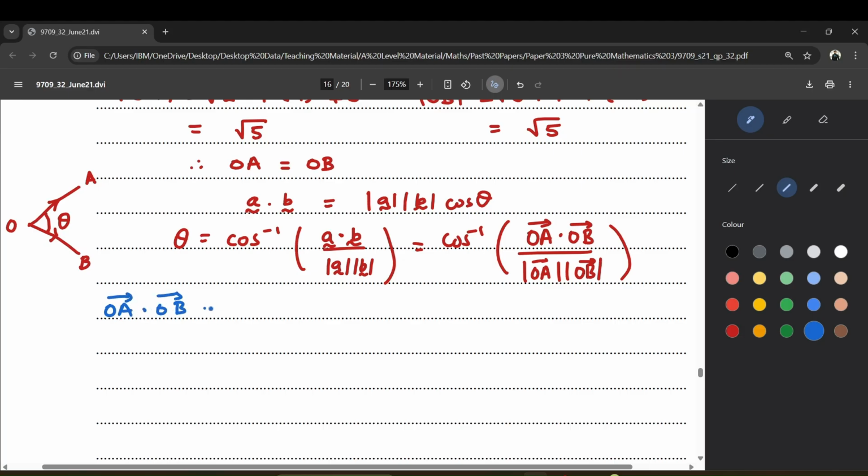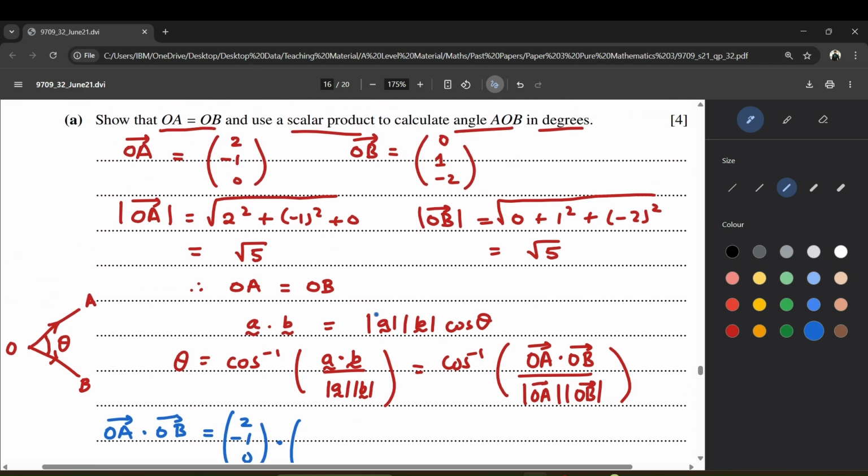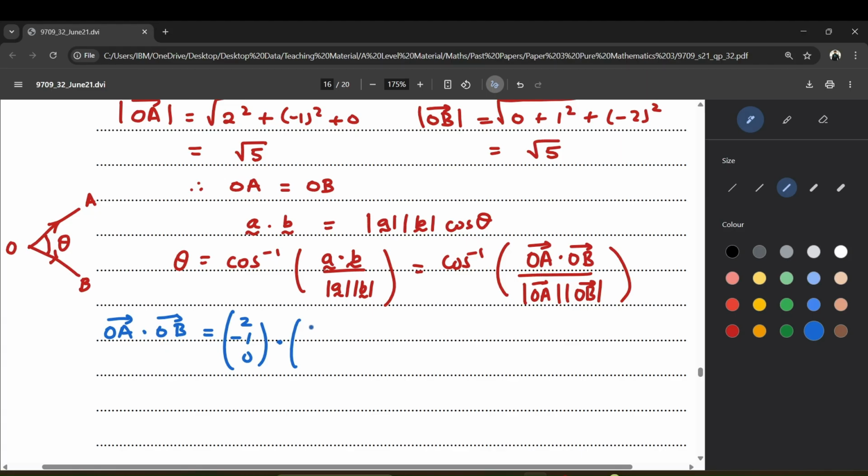Vector OA times OB is, so OA was 2, minus 1, 0, and vector OB is 0, 1, minus 2. So that will be 2 times 0 minus 1 times 1 plus 0 times minus 2.